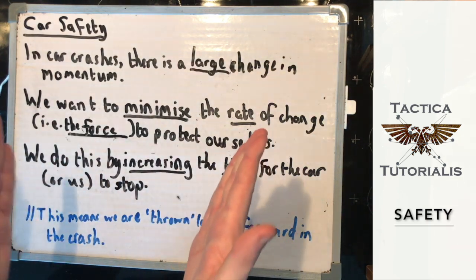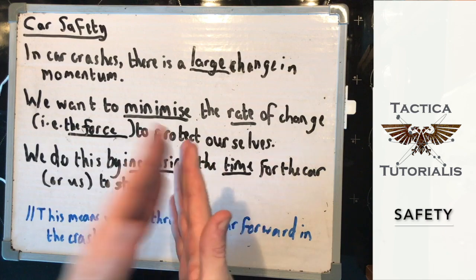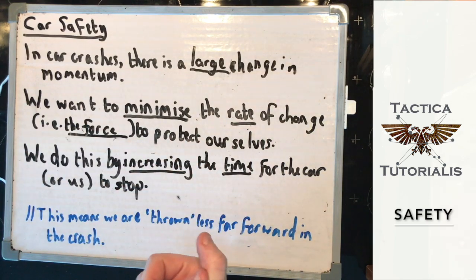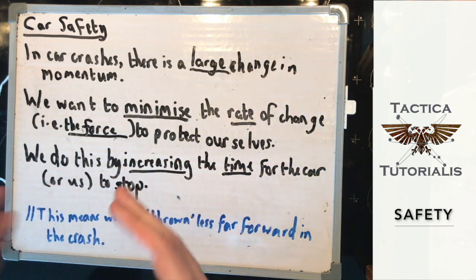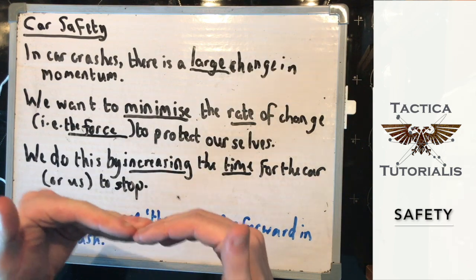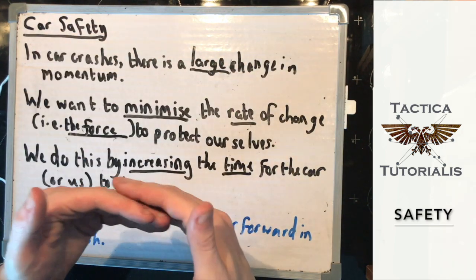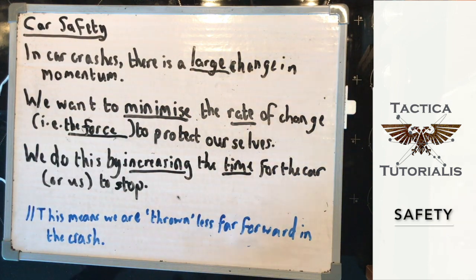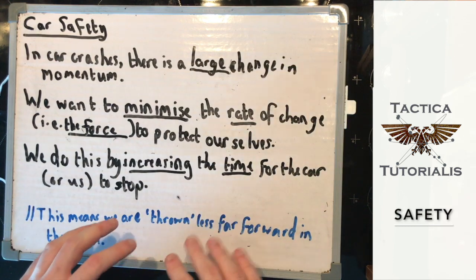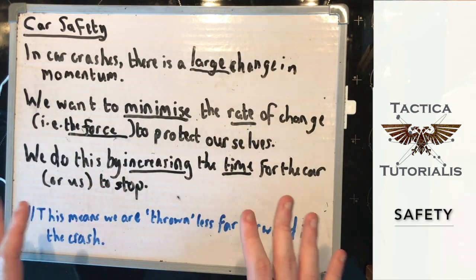If you've ever been in a car and had to slam the brakes on for a red light, or because someone cut you up, you've probably felt yourself lurch forward, thrown almost forwards against your will, and you've been caught by your seatbelt, usually, so you don't whack your head on the nearest seat or airbag.